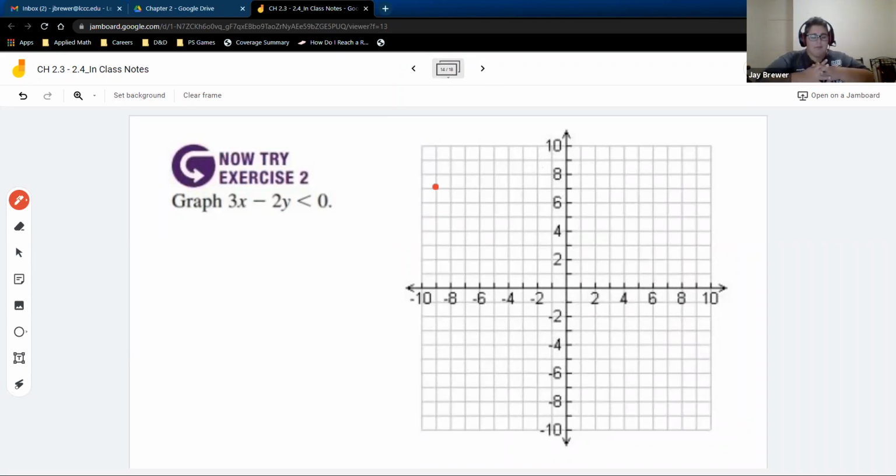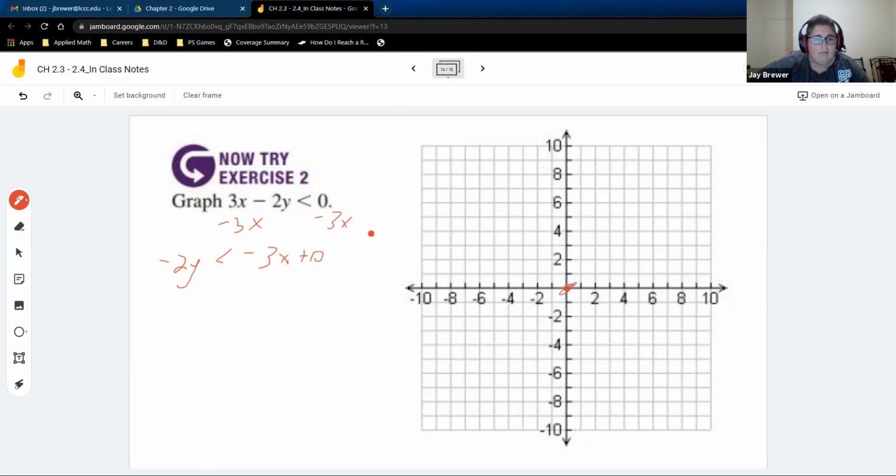All right, so for example 2, same basic process. We're going to solve for y first. So we're going to subtract 3x. I'm going to drop off the 0 because it doesn't mean anything, although I'll leave it because that will help you see where your y-intercept is.